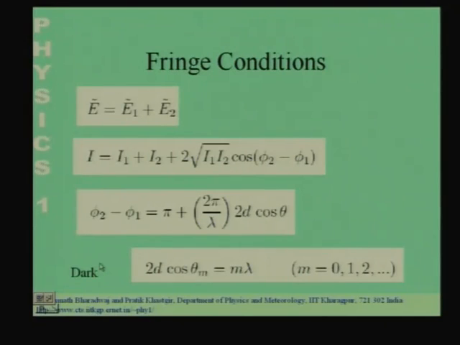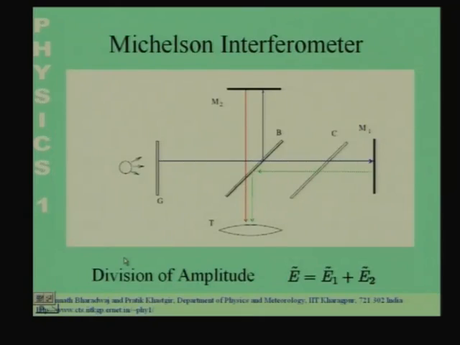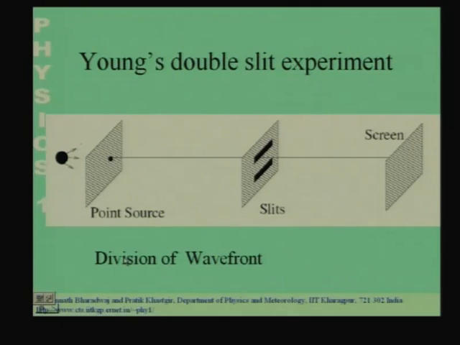With this background, in the last lecture we were discussing the Young's double slit experiment, and the consequence of this for it. Let me recapitulate where the discussion had ended in the last lecture.